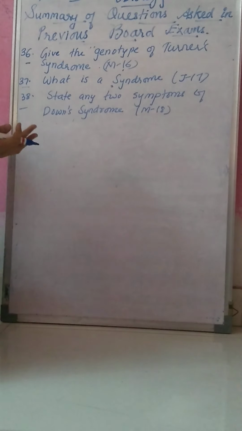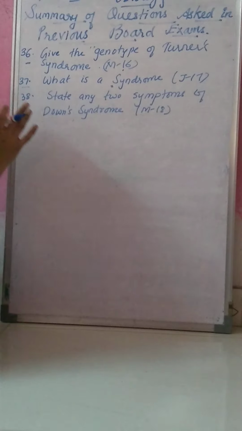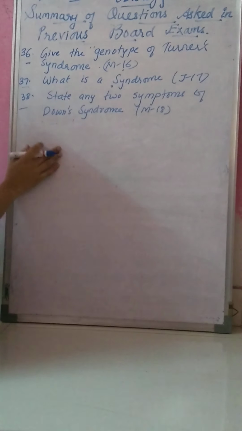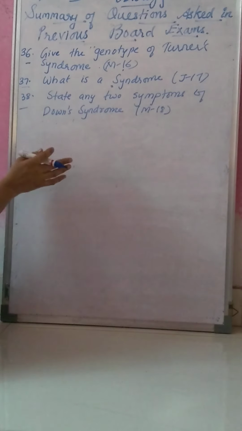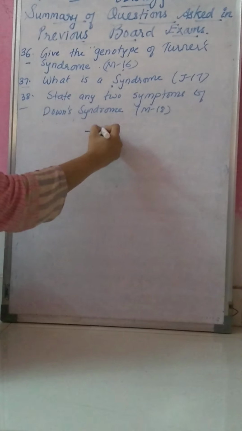And many questions are repeated also, so you will find it easier to study the chapter. So study the questions, find out the answers for these questions and study them, and you will be preparing this chapter for your exam. Okay. Thank you.